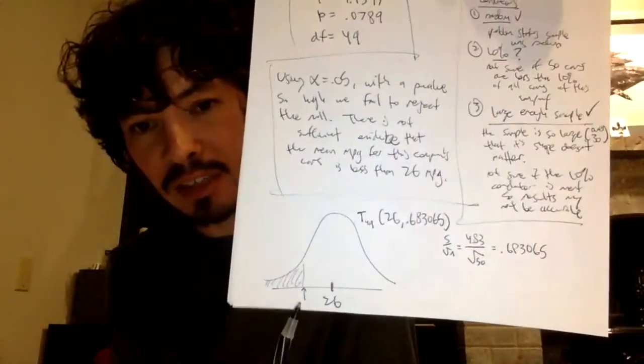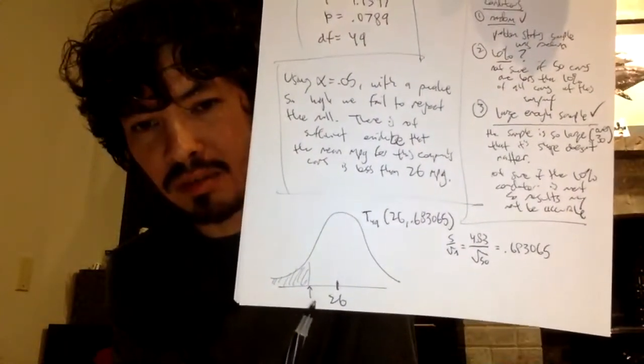And then we want to see, then our sample mean was 25.02, and then we're going less than that. Okay, so we need to find that at 25.02.